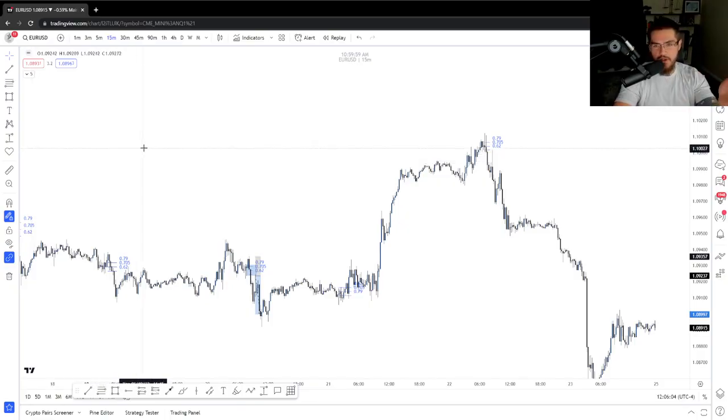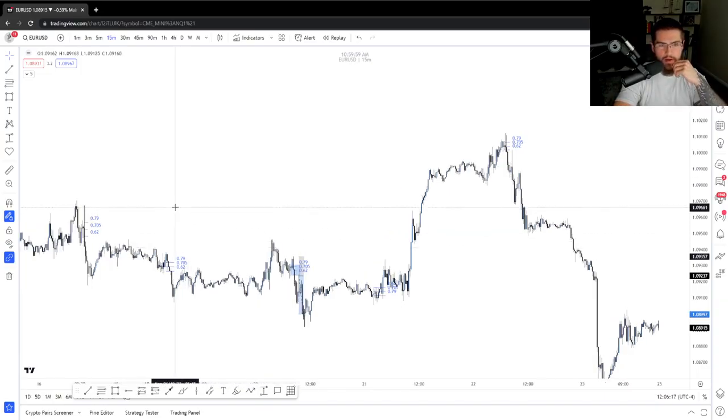So, don't be trying to trade Aussie JPY. It might work, but the way that I would use these, I wouldn't be using pairs that aren't tightly correlated with whatever session you're looking for.